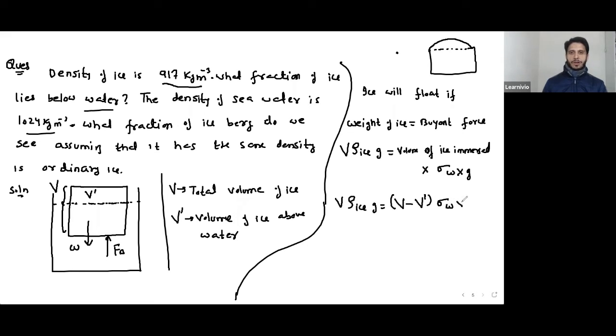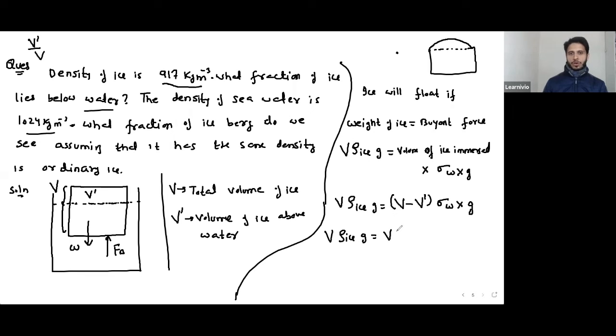Multiplied by the density of water and G. Now you need this V prime here. So what we can do is take V common from here. We basically need the fraction V prime by V. So that's V rho ice into G. I'm taking V common from here.